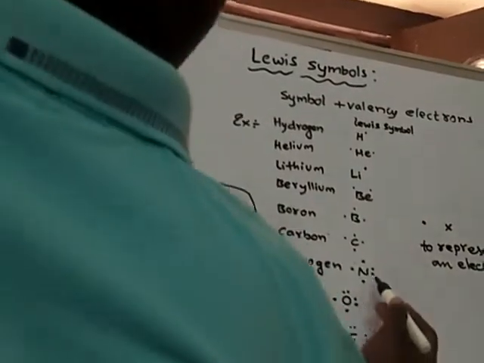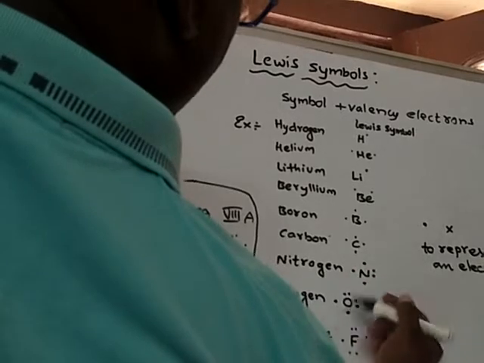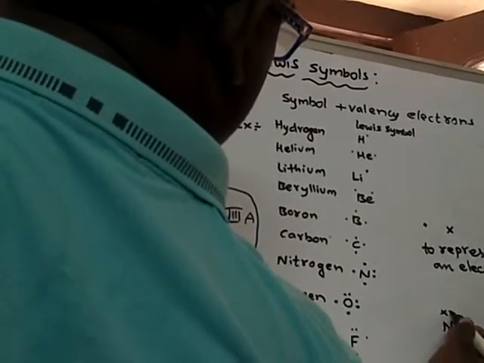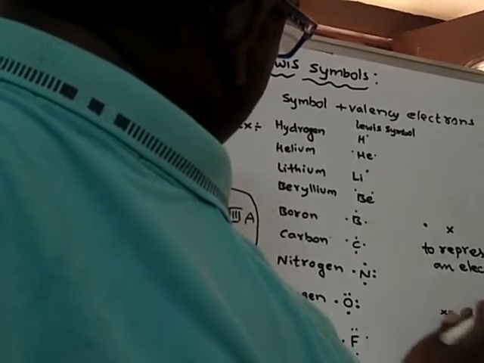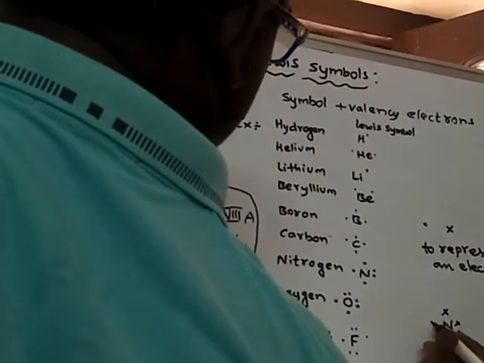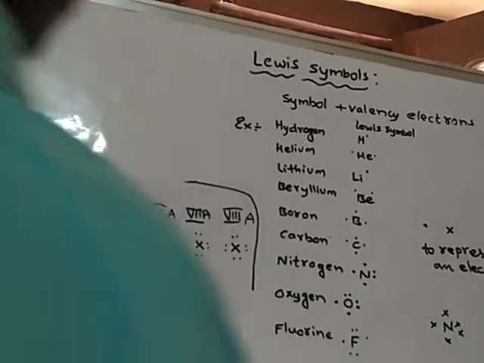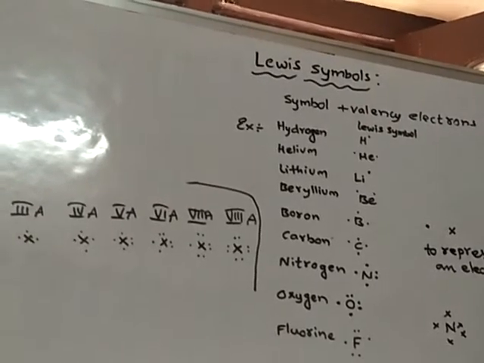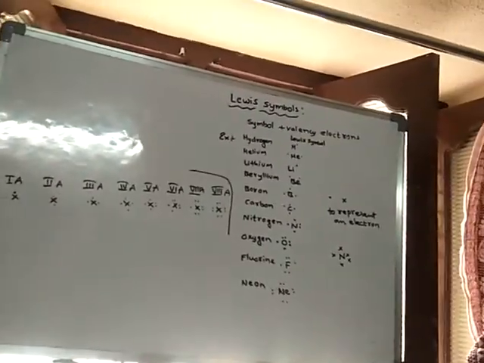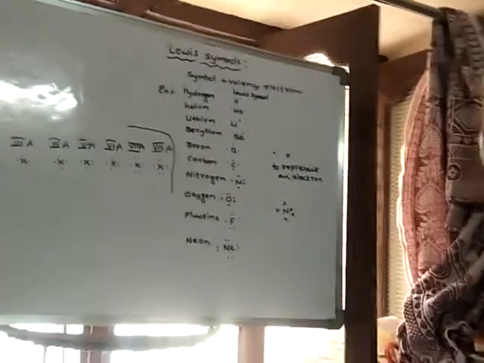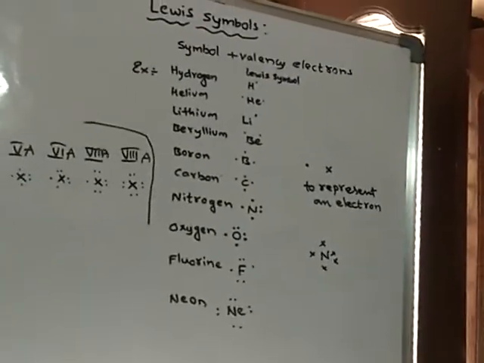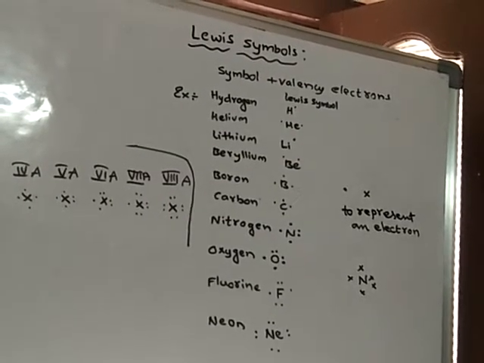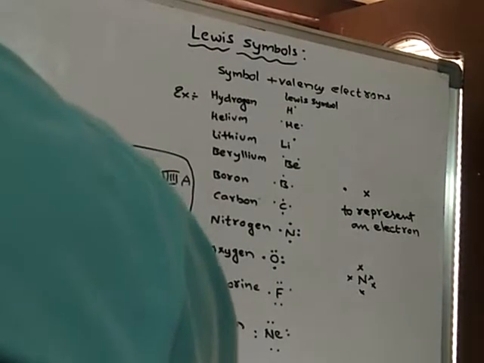Suppose here nitrogen, I can write the Lewis symbol of nitrogen like this, or else I may write it like this, using crosses also. So this is the Lewis symbol of nitrogen. In this way, we can write Lewis symbols either by using dot or cross symbols. These are some of the examples of Lewis symbols.